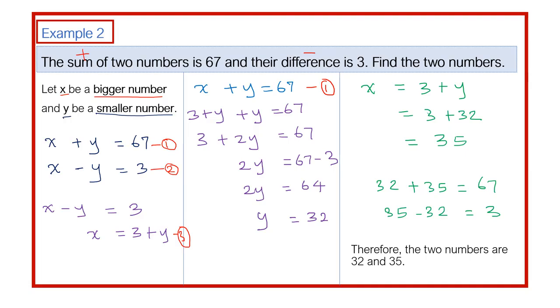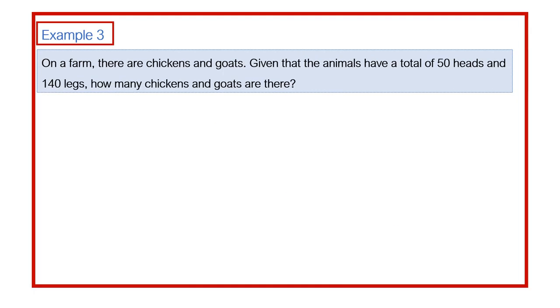So let us move on to example number 3. For this question, we can see that on a farm there are chickens and goats. Given that the animals have a total of 50 heads and 140 legs, how many chickens and goats are there?